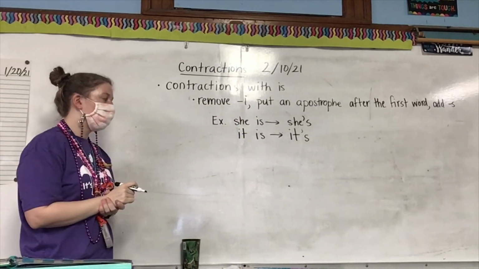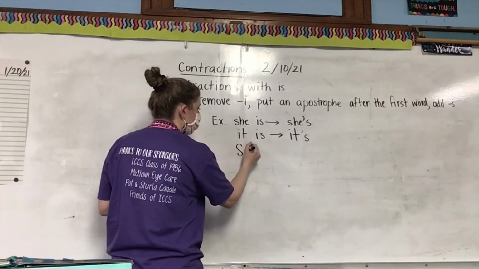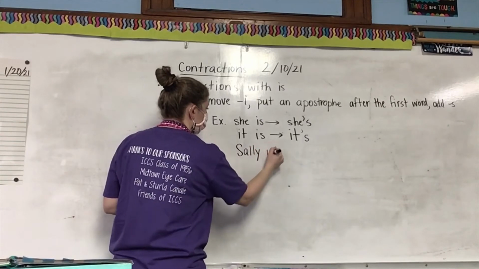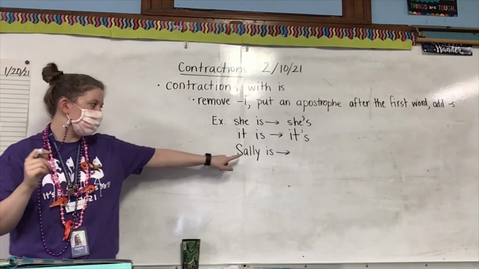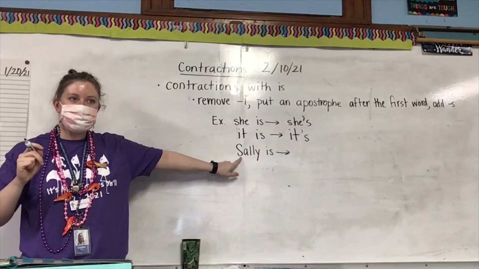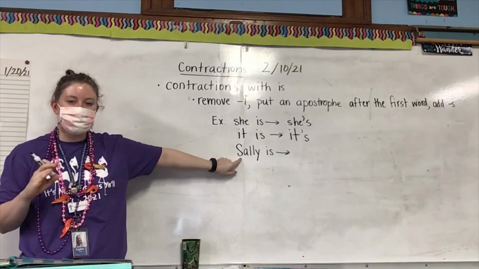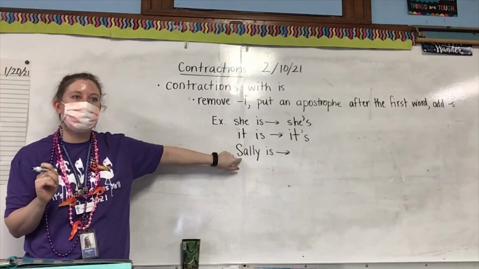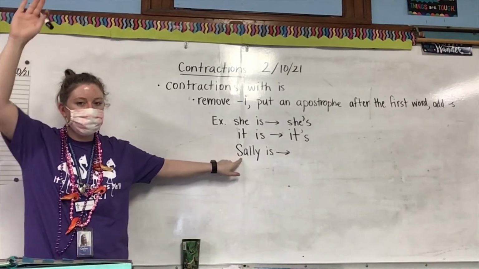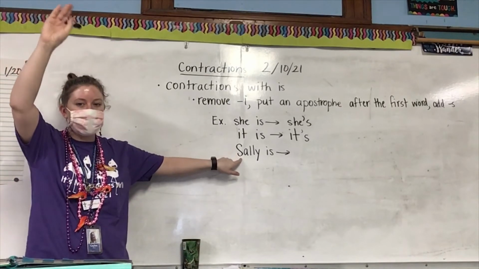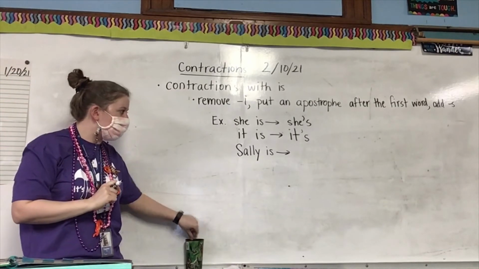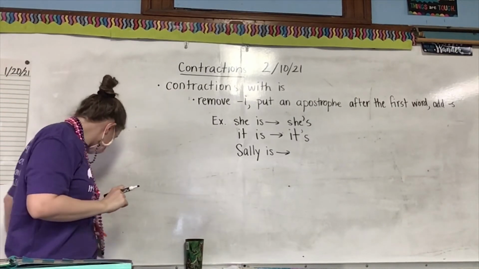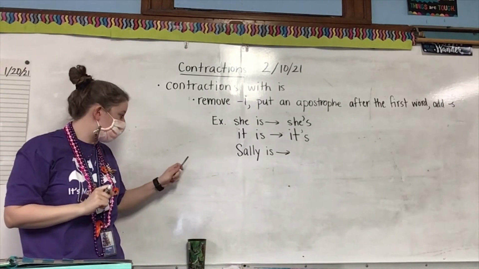What if I wanted to write Sally is. Notice, capital S, because Sally is the specific name of a person, so Sally is what kind of noun? Carla, please turn your camera on. Mason? A proper noun. How do I turn Sally is into a contraction?